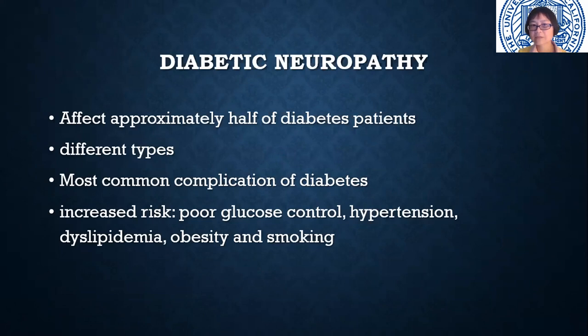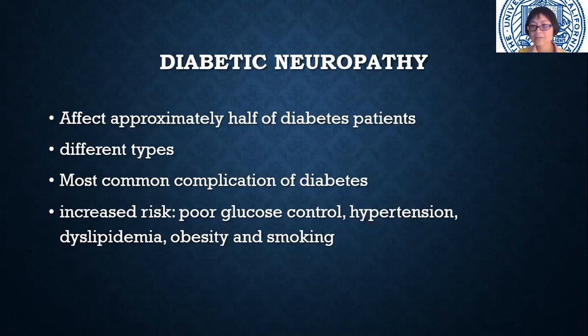Diabetic neuropathy can affect about half of the diabetic patient population. There are different types of diabetic neuropathy, it is a really common complication. So not all the patients with diabetes develop diabetic neuropathy, right?